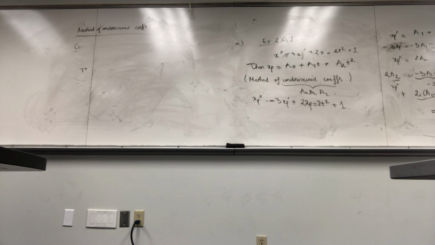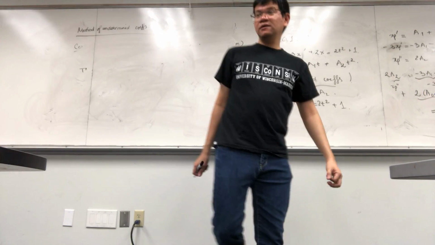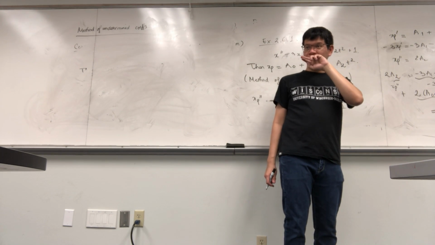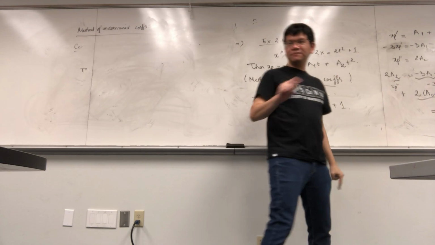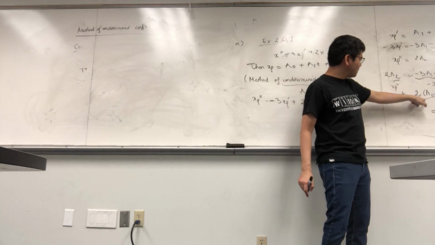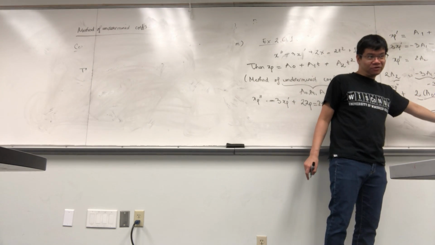You could group them by the powers of t. So all the t squared terms group together, all the single power of t terms go together, and the t to the 0 terms group together. We're going to group all the terms with the same order together, and we're going to identify the coefficients.